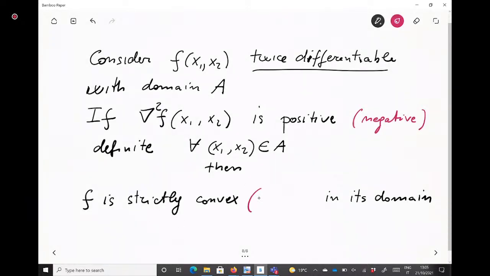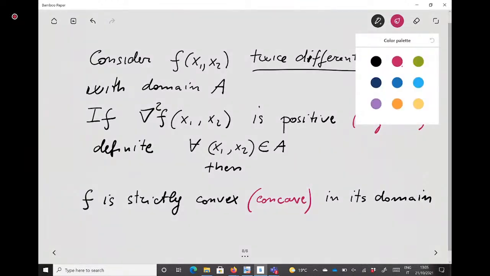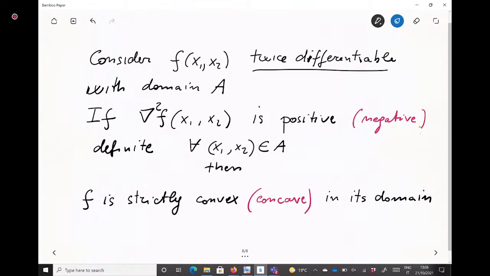Strictly holds for both, okay? Strictly convex or strictly concave in its domain. And also, if instead of being definite it is semi-definite, okay, then it is just convex.